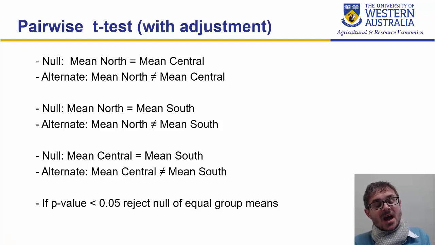We have, again, set for our t-test an alpha level of 0.05, which means that if we have a p-value of less than 0.05, we're going to reject the null. And because we use the pairwise.t.test function, we can safely use the p-value 0.05 rule because it has adjusted the p-values that it reports for the multiple comparisons issue.